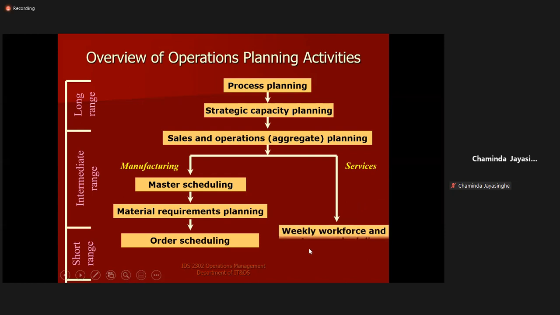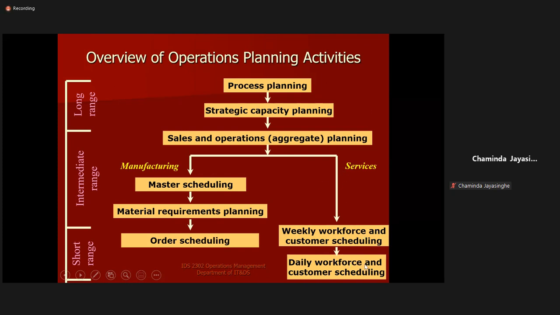For services, we go for weekly workforce and customer scheduling, and daily workforce and customer scheduling. For services, you don't have such things as master scheduling, material requirement planning, and so on. So this is an overview of the operations planning activities.